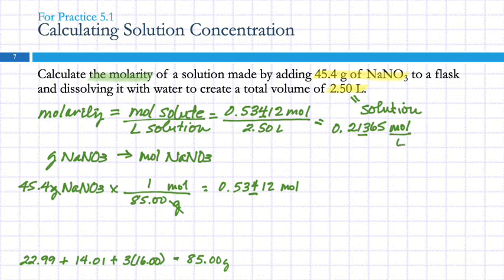So 0.21365 moles per liter. Rounding that will give us 0.214. And then we often use that capital M as the abbreviation for moles per liter. Any questions?